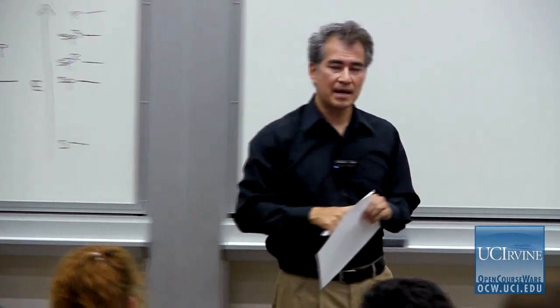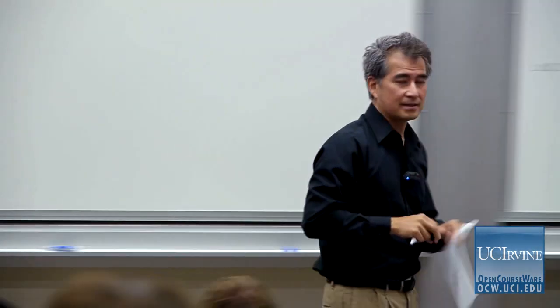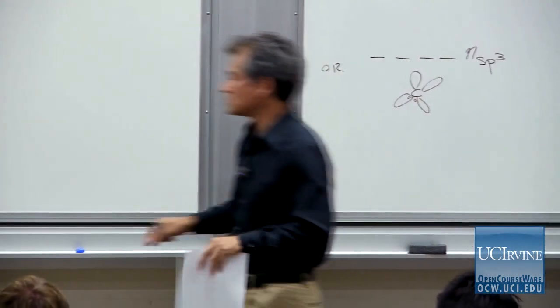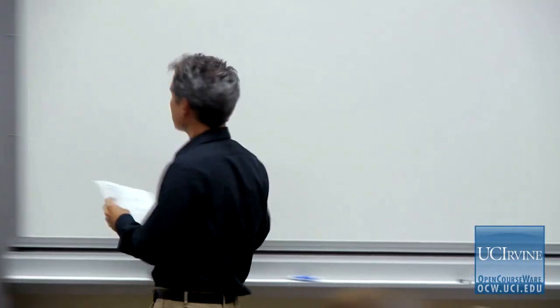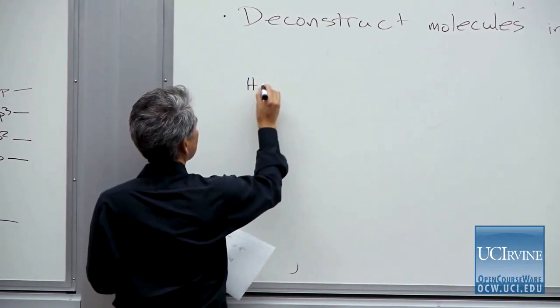Okay, this is a command for you. It's a command that you must do this. Every time you see a molecule, I want you to deconstruct that into atomic orbitals. And I'm going to start with a very simple example so we can see how that works.